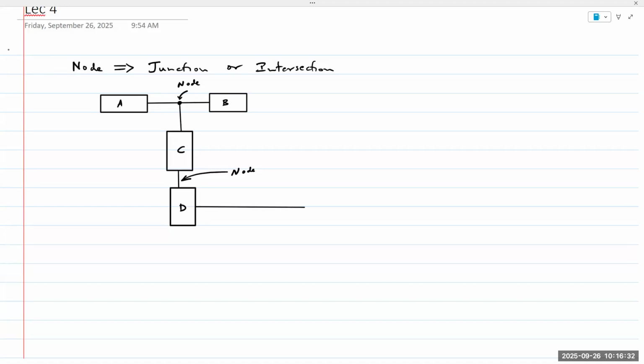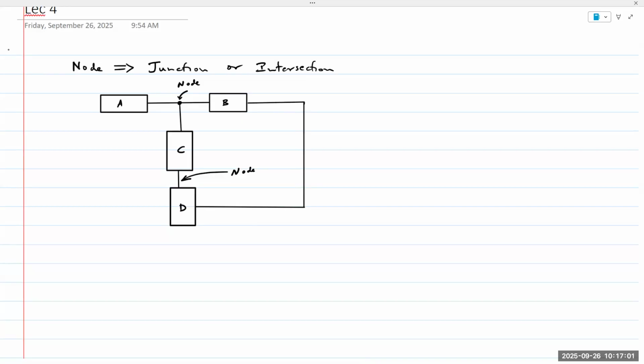If there's an angle in there, that is still a node. Okay, it's not two nodes, it's just one single node. And I believe we talked a little bit about this also.